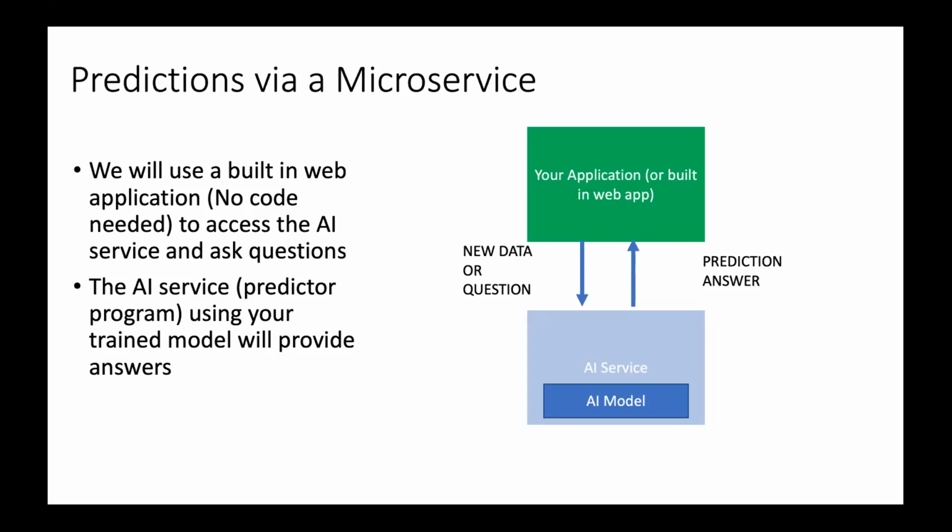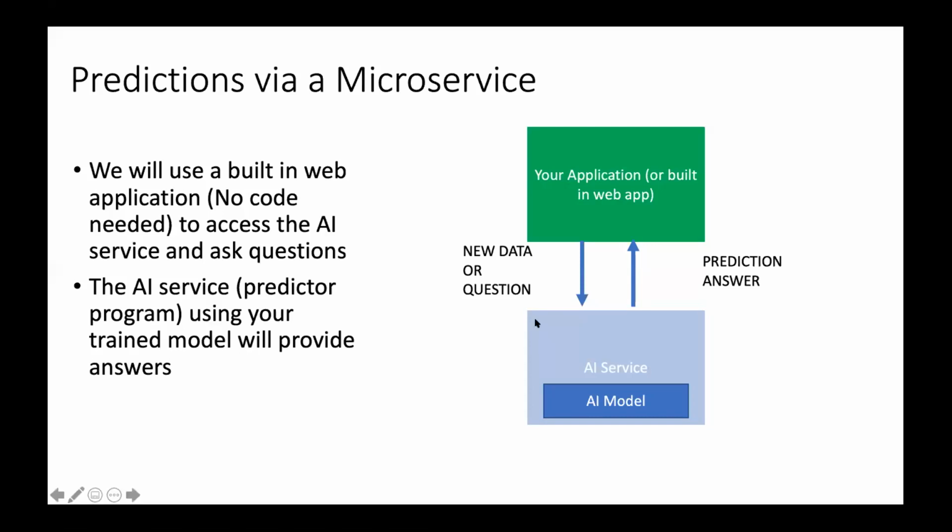And so one relatively straightforward and also extremely robust and powerful way to deliver AI predictions is what we call a microservice. So we're going to create a microservice for every AI that you build. And that microservice is going to run in the cloud and be accessible via a URL. Then with any application that you have, anytime you want a prediction, you effectively make a request to this URL and a prediction will come back.